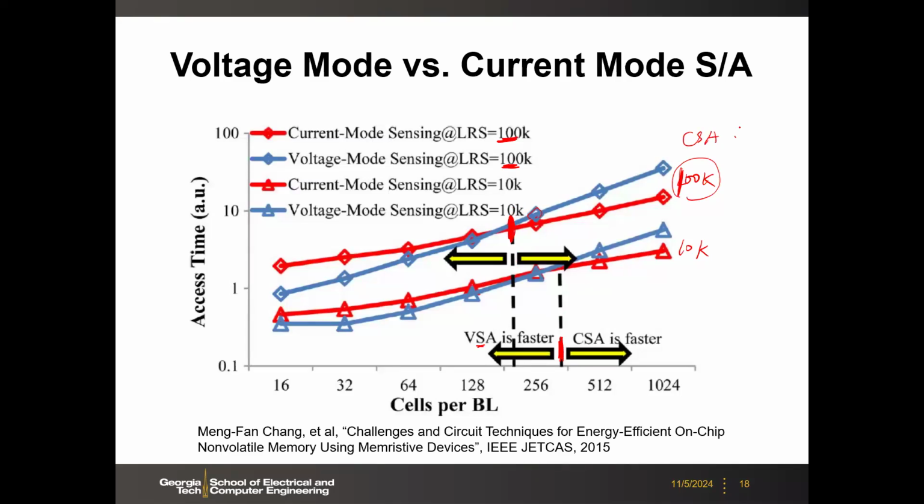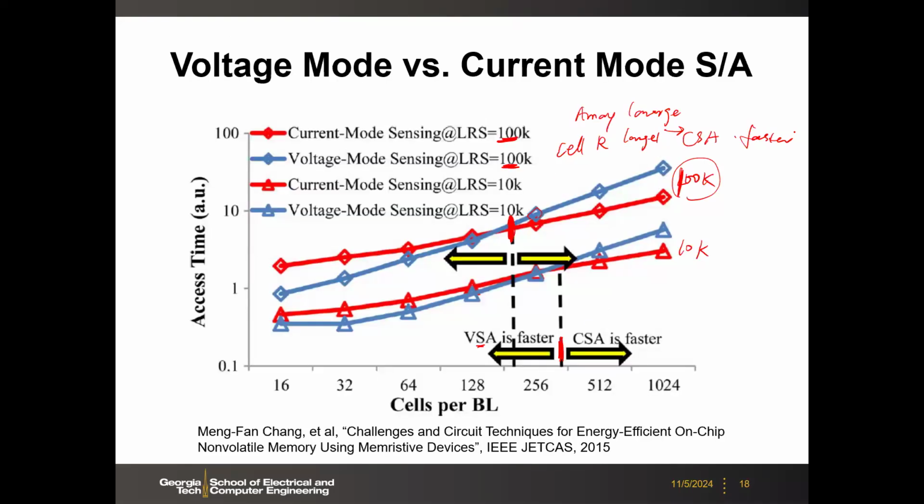If your memory array size is large, let's say array large, and the cell resistance large, that means readout current small, then the current mode will be faster. So any questions?